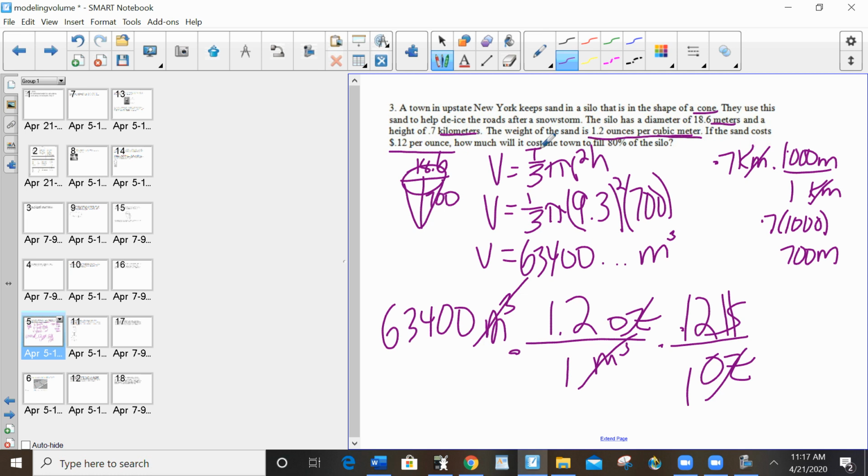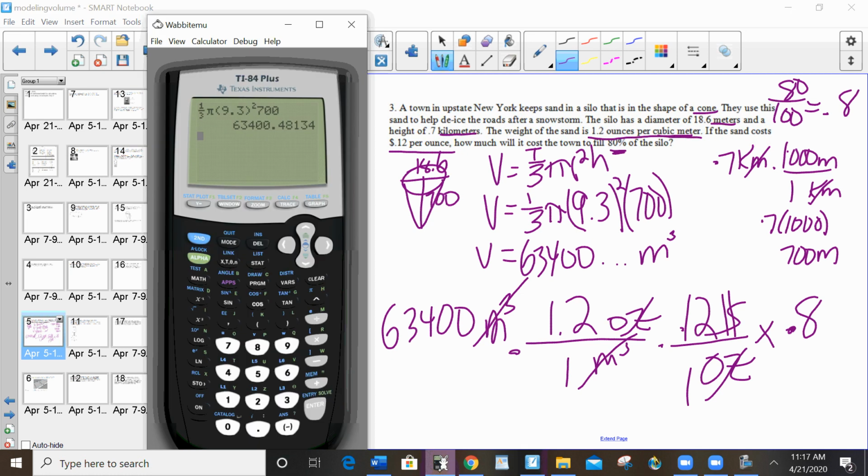I'm going to look and see if there's a quantity or a percent. It wants me to fill 80% of the silo, so I'm going to multiply by 0.8. Remember, you always have to make the percent into a decimal by dividing by 100. So now I just go to my calculator. I like to get in the habit of using alpha y equals enter for unit analysis, even though in this case I don't have anything on bottom.